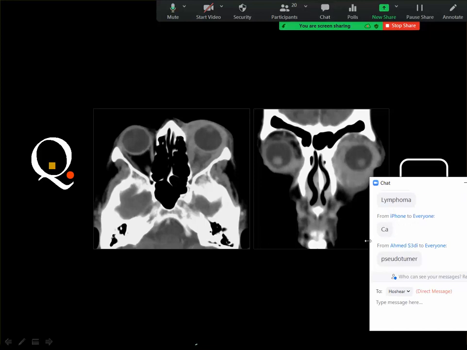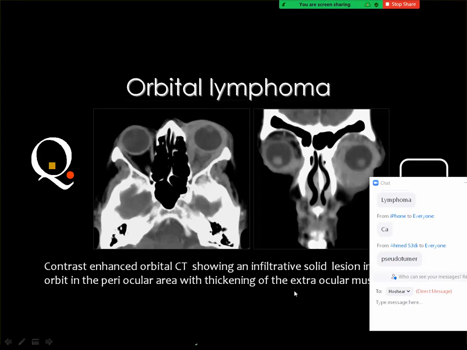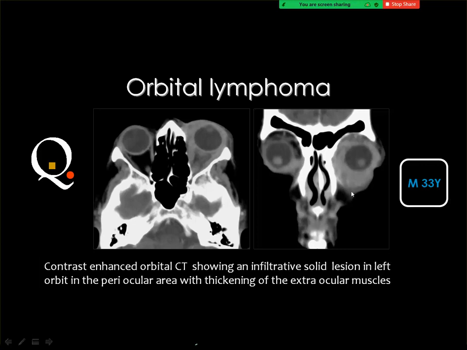Orbital pseudotumor. You know that orbital pseudotumor involves predominantly the fat and the lateral rectus muscle, and it may produce thickening of the posterior sclera. But you remember also that lymphoma has the tendency to coat the globe, and it produces a soft tissue mass that can surround the globe.